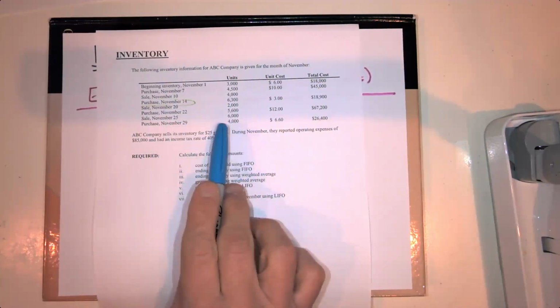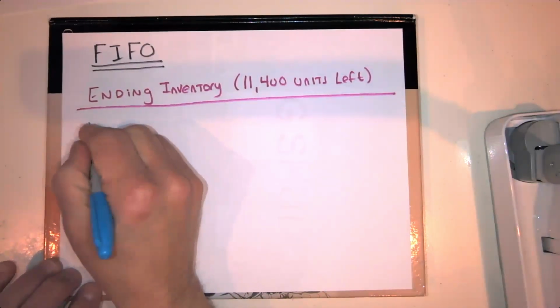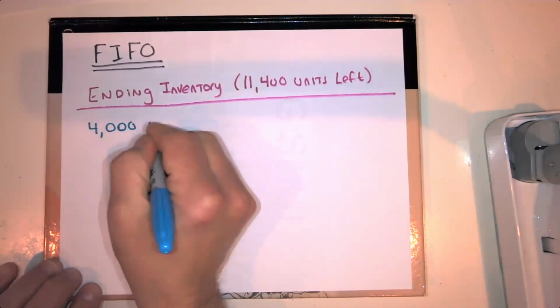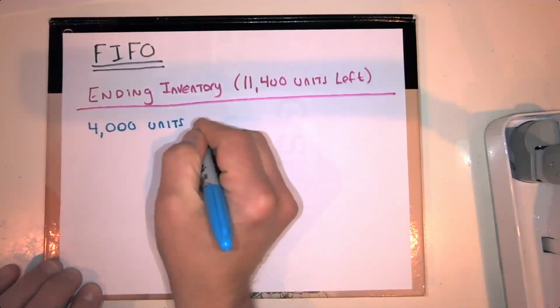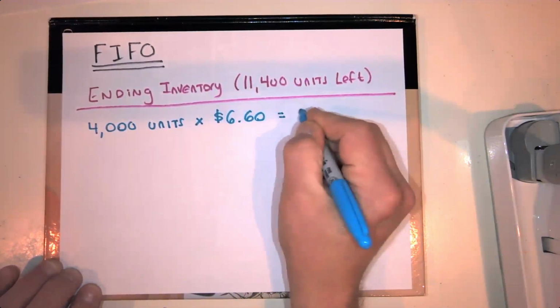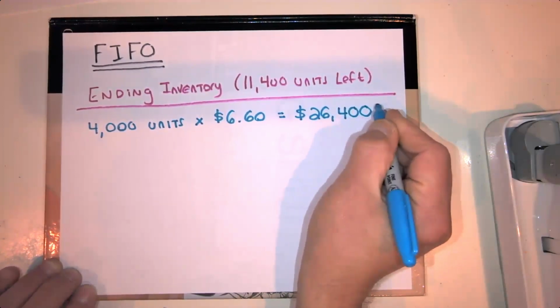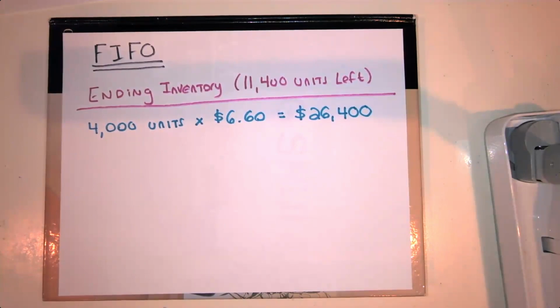The 4,000 units purchased on November 29th. So I will take those 4,000 units each costing $6.60. And that is $26,400 assigned to our ending inventory.